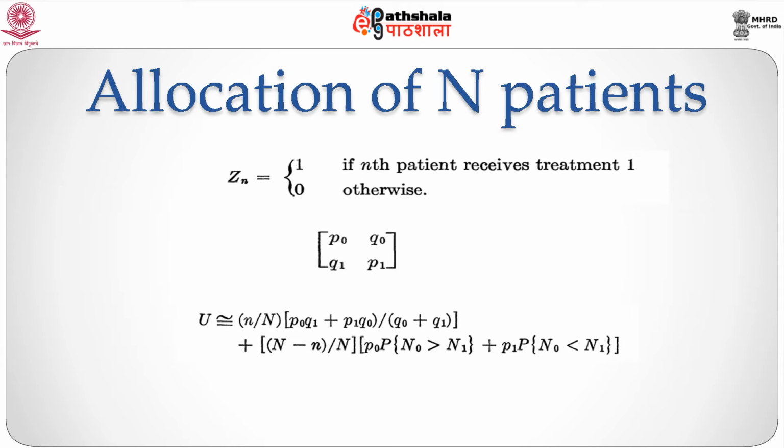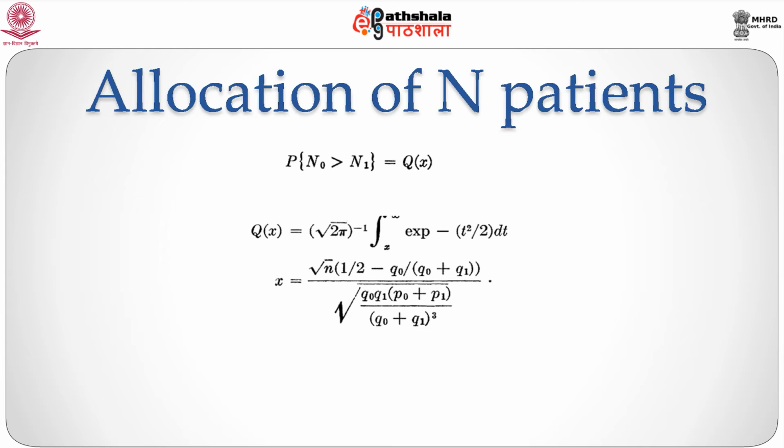So U is approximately equal to small n by capital N into (P naught Q1 plus P1 Q naught) by (Q naught plus Q1), plus (capital N minus small n) by capital N into [P naught times probability of N naught greater than N1 plus P1 times probability of N naught less than N1], where we are assuming that the probability of exact equality of N naught and N1 is negligible.